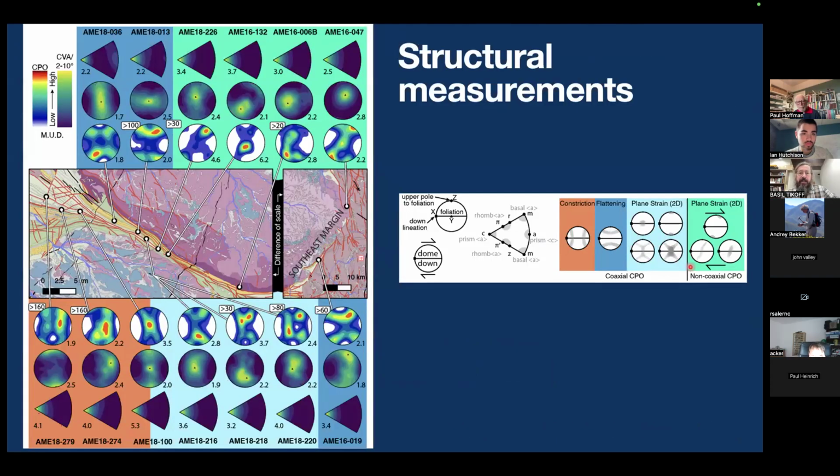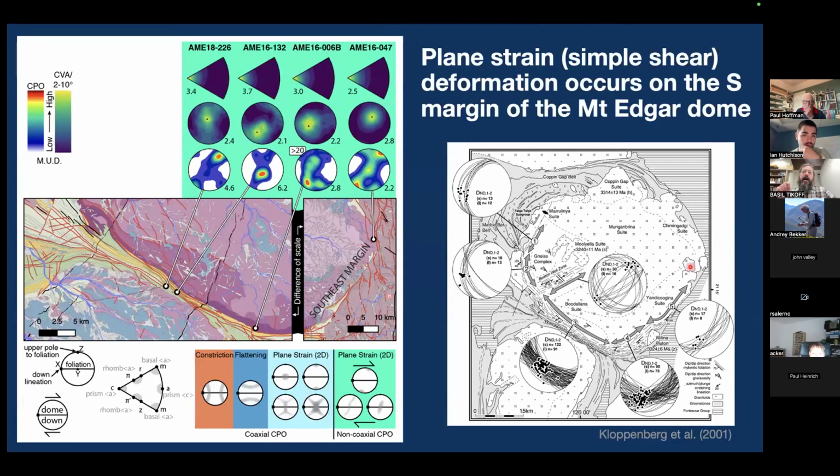All right, this is the whole data set. So this is the publication figure, but I'm going to break this down and do it one by one. If we worry about just the places where we have cherts or quartz veins, so quartz only rocks, and we want to find what's the sense of shear. If you look in this part of the Warrawoona Syncline or over here, prism A slip is happening. It looks mostly like simple shear from the CVA analysis, and we get a consistent asymmetry of the crystallographic preferred orientation.